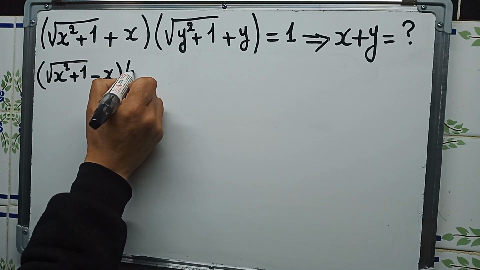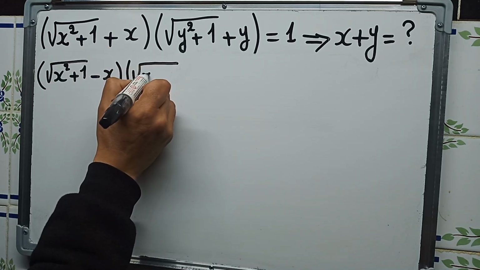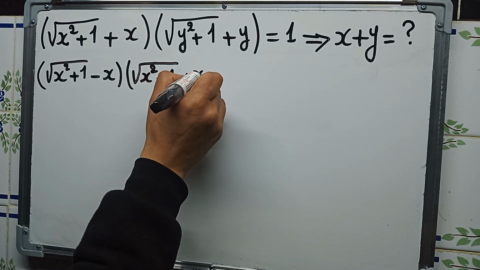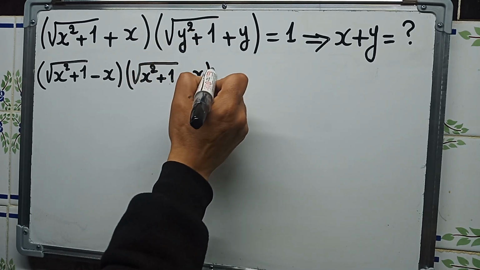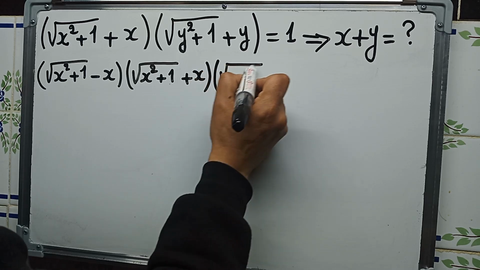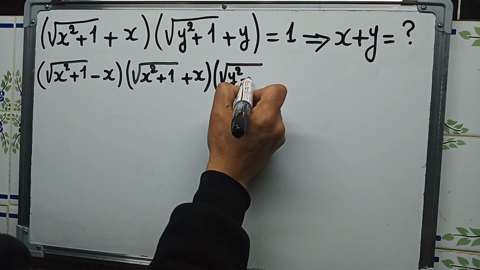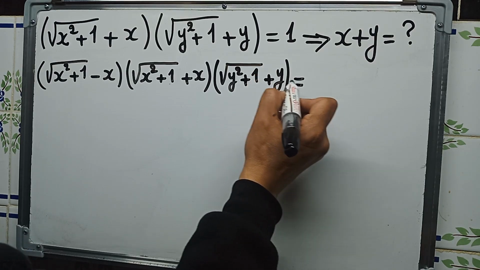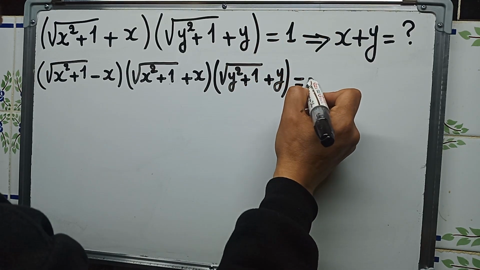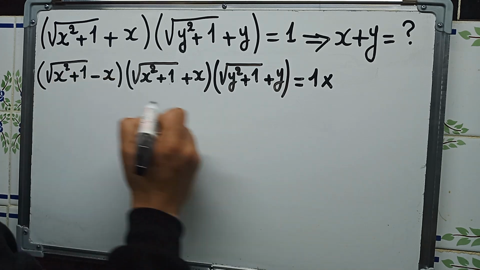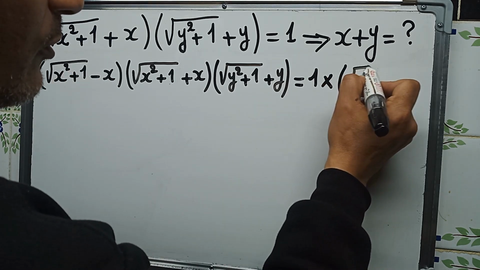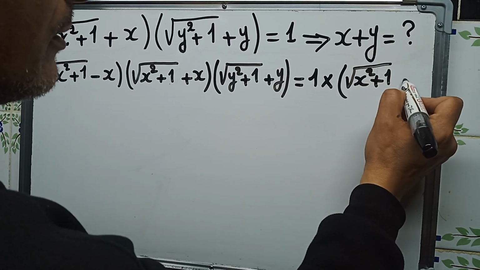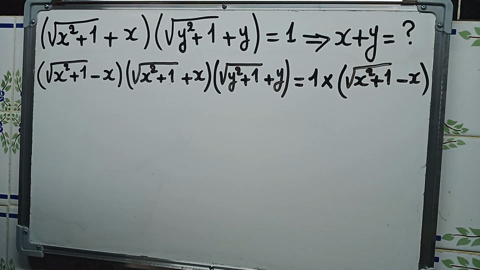Multiply by it here, (square root of x squared plus 1 plus x) times (square root of y squared plus 1 plus y) equals, and the other side also we multiply by the same number, square root of x squared plus 1 minus x.